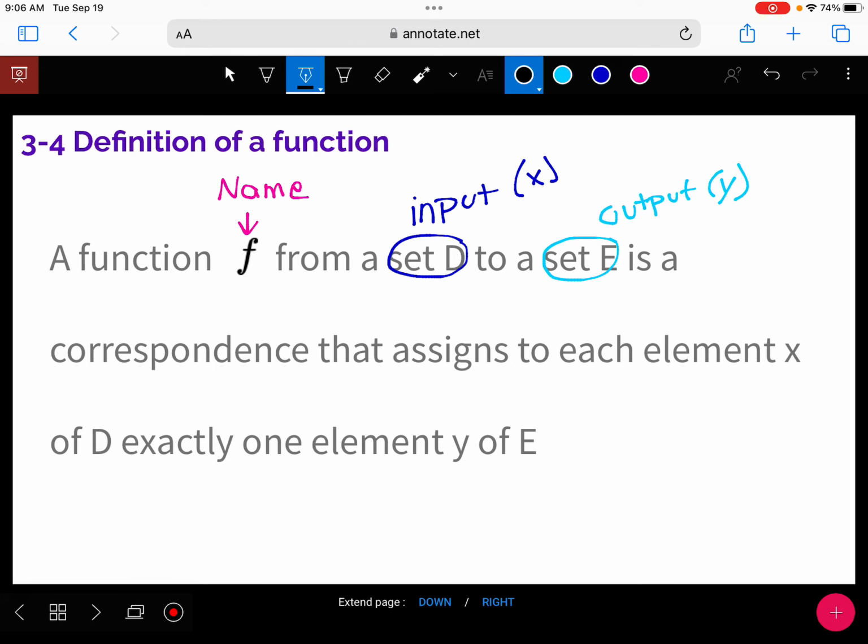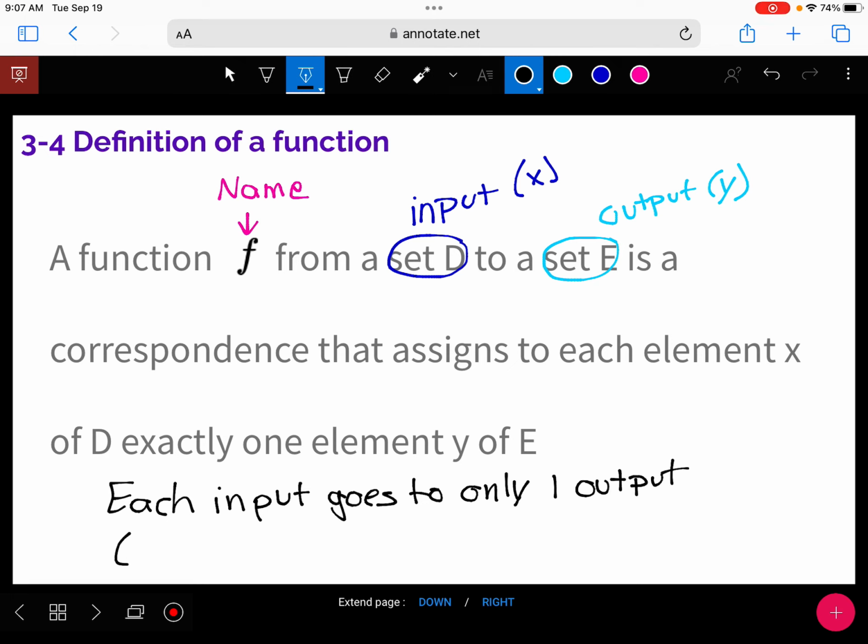So the colloquial, the way we talk about it, each input goes to only one output, or each x goes to only one y.